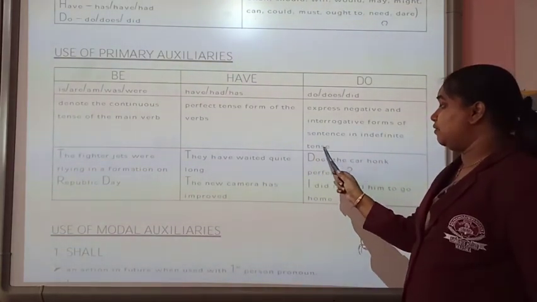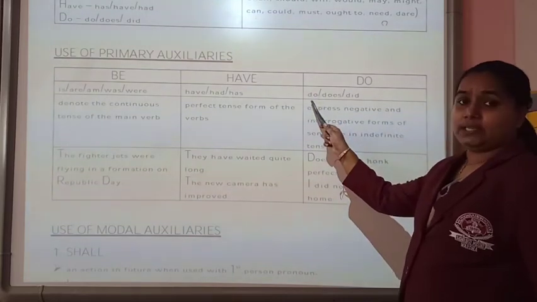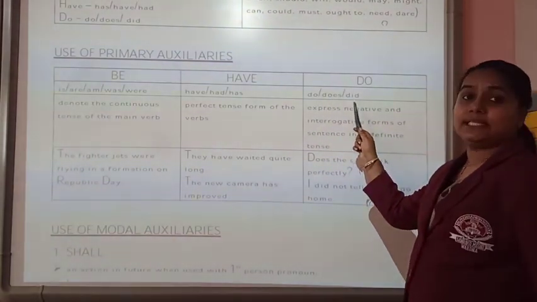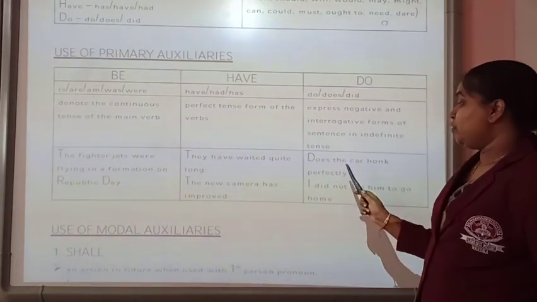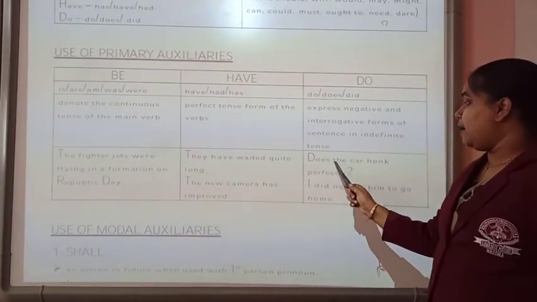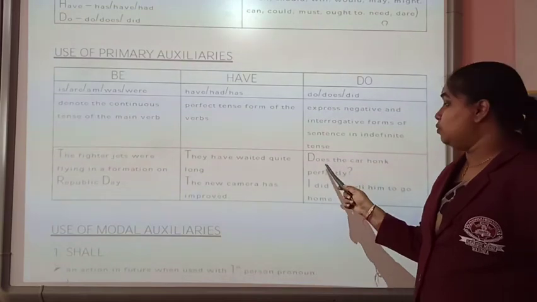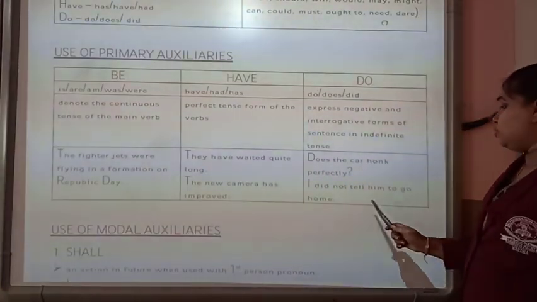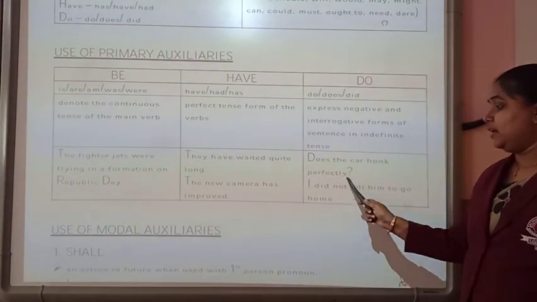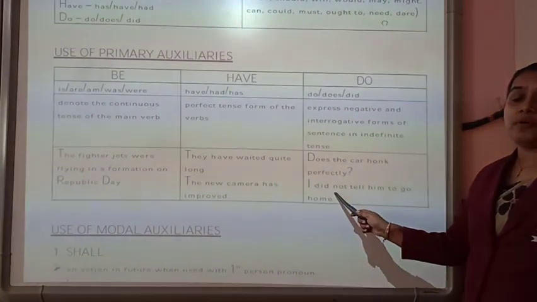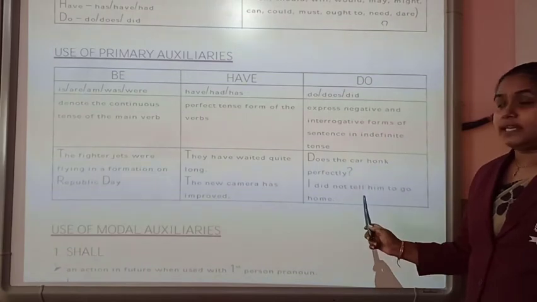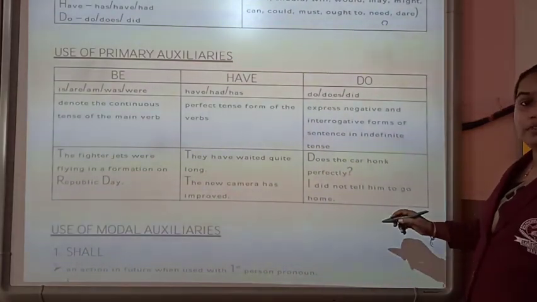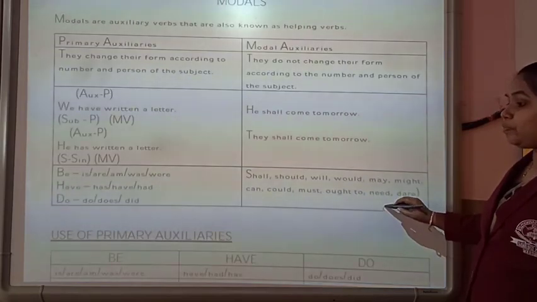So here if you observe, do is in the plural form, does is in the singular form, and did is your past form. Okay, so when I have the singular subject, the car, I am using does. Okay, I did not tell him to go home. Now if you see here did not, it is helping us form the negative form of the sentences. Okay, so this is the use of primary auxiliary verbs that we have to do.